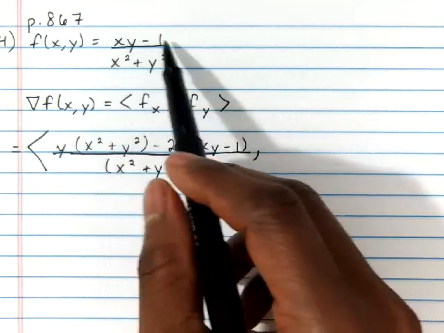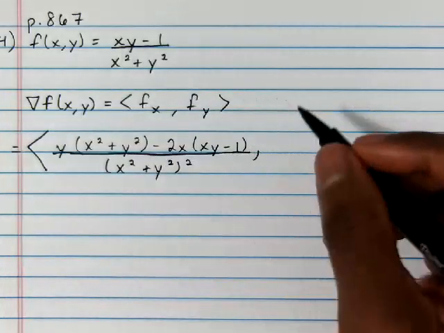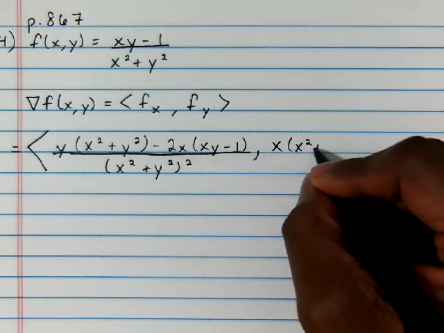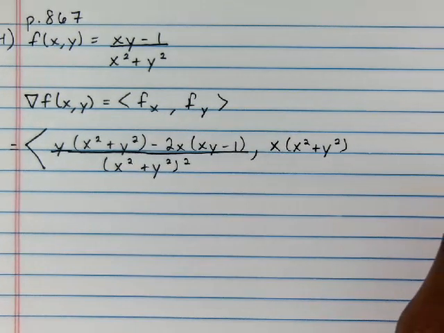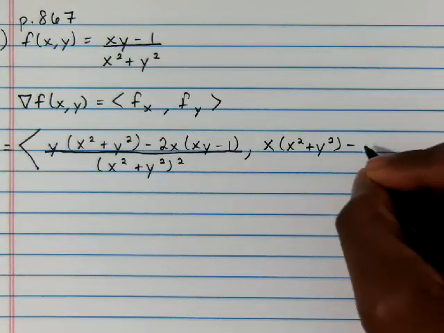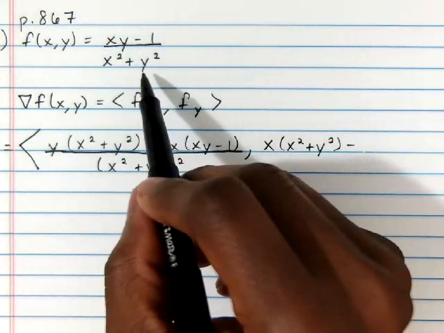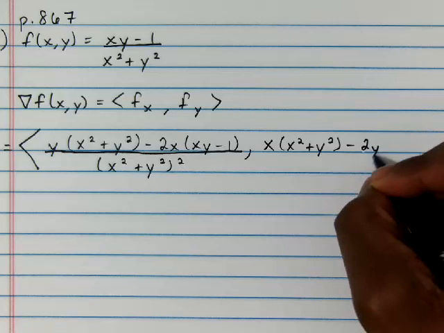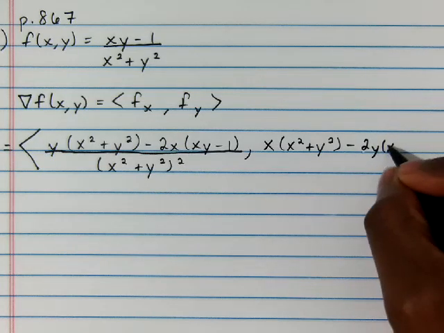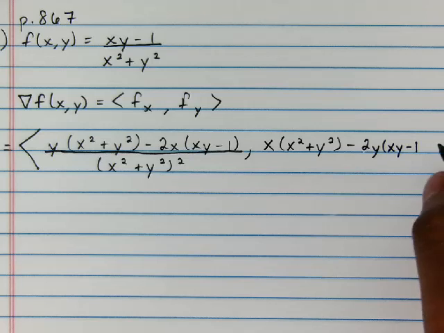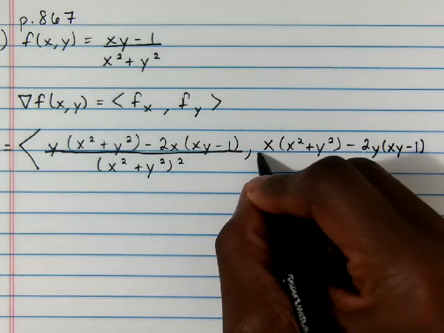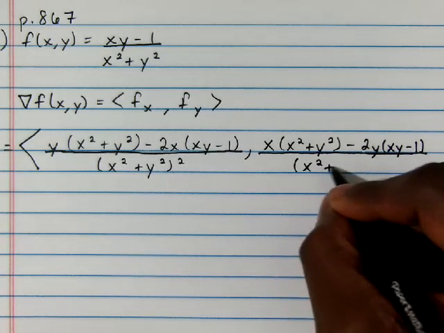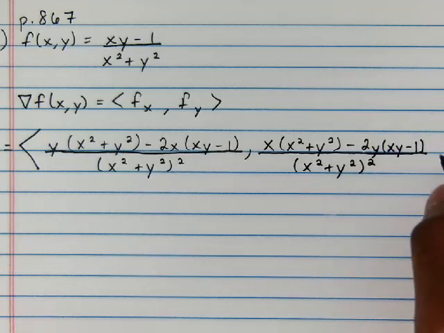The partial of the numerator with respect to y is just x, times the denominator stays the same, x squared plus y squared, then minus the derivative of the denominator with respect to y, which is going to be 2y, times the numerator stays the same, xy minus 1, all over x squared plus y squared, quantity squared.